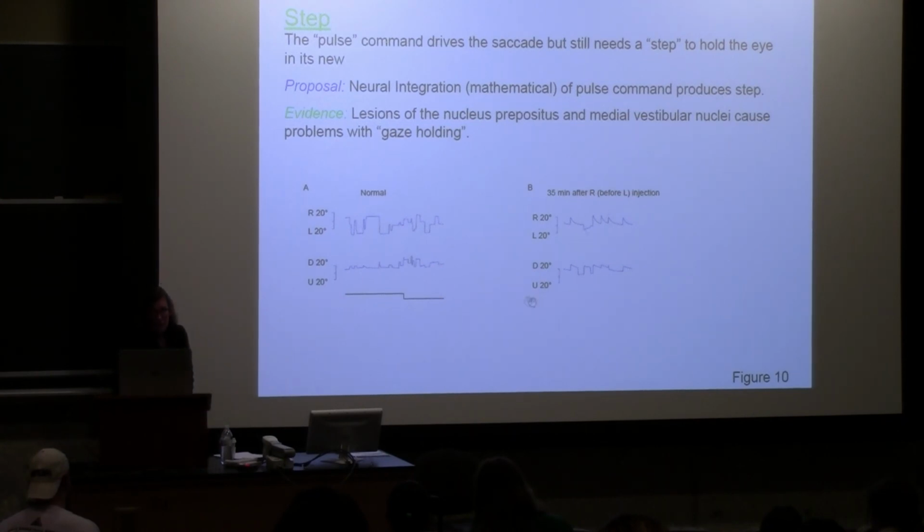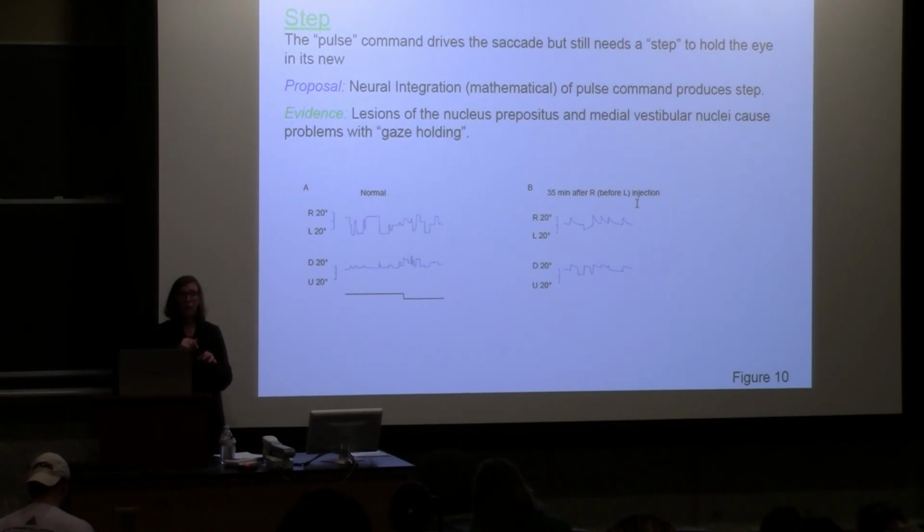What they did is they looked at a monkey and had him generate normal saccades, right? So this would be normal horizontal and normal vertical saccades. And then they made an injection of, I forget, probably muscimol, something that would inhibit the neurons so that they didn't fire, and looked to see. So it's effectively a temporary lesion, so that the neurons are not activated anymore.